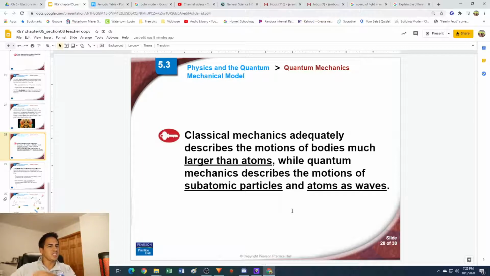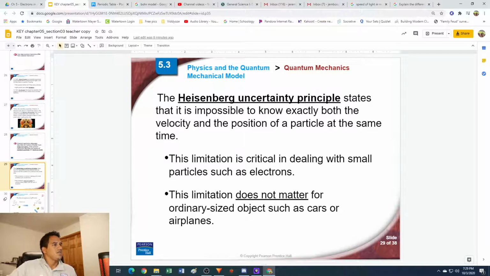Again, you're used to seeing cars moving and all this stuff, and atoms don't work that way. Electrons don't work that way. It's a very strange world that they live in, but you'll never be able to experience it because we're not that small. So there's a principle here called the Heisenberg Uncertainty Principle.